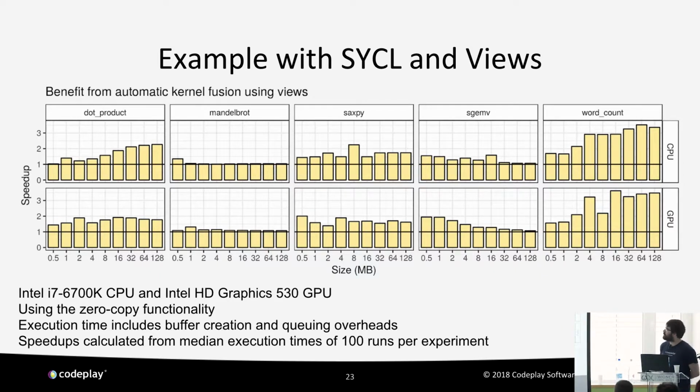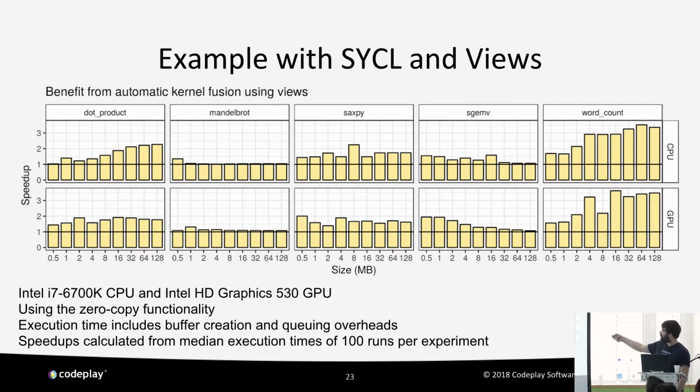And here are some results for using SYCL parallel ranges in contrast to just using the other parallel version of SAXPY. Or not just SAXPY, actually. We've got 5 different algorithms that we've computed. And we've got increasing data sets from left to right per graph.